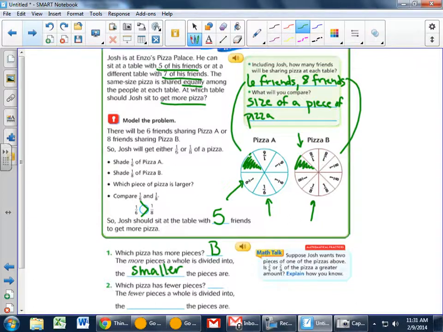There's more of them, but they are a smaller size. And if you look at pizza A, it has 6 pieces, so the pizza with fewer pieces is A. The fewer pieces a whole is divided into, the larger the pieces are.